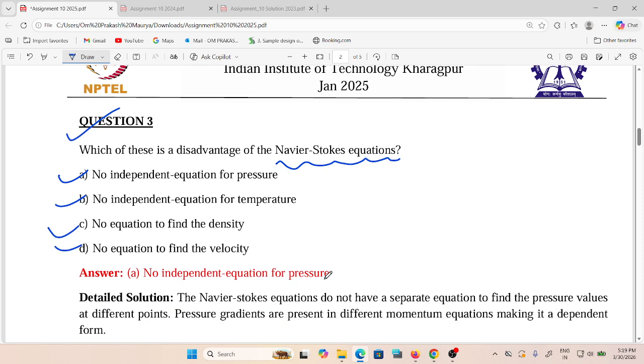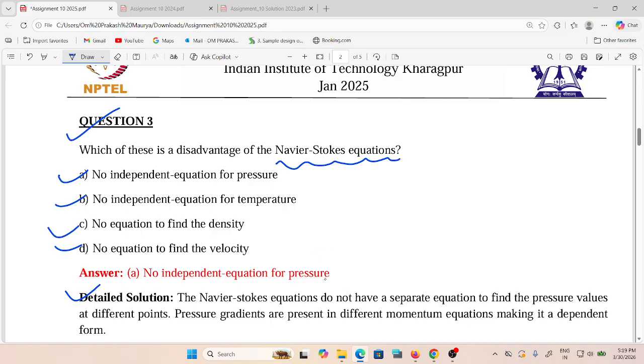Yes, option A is correct here. Remember, please. So what is written actually in detail? The Navier-Stokes equation does not have a separate equation to find pressure values at different points. Pressure gradients are present in different momentum equations, making it a dependent form.